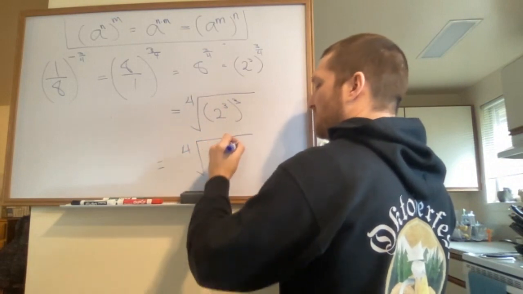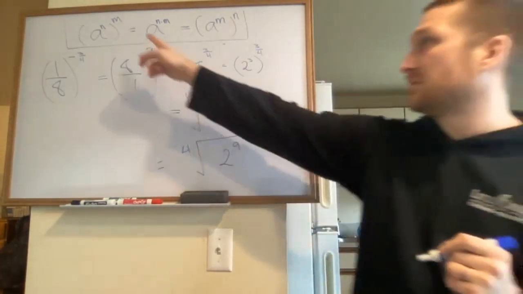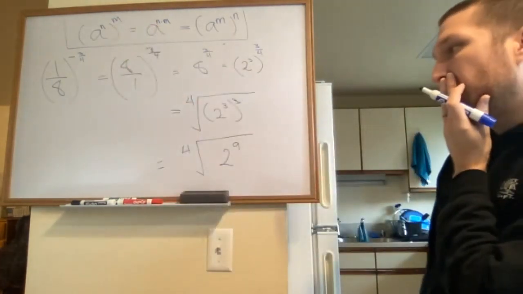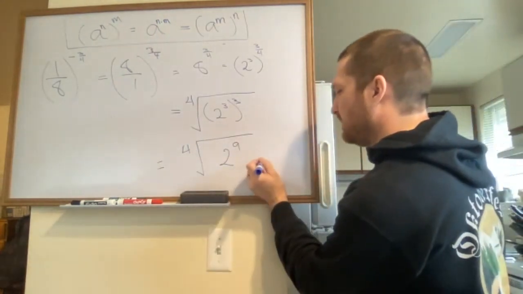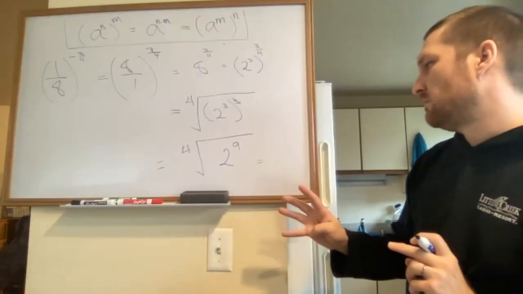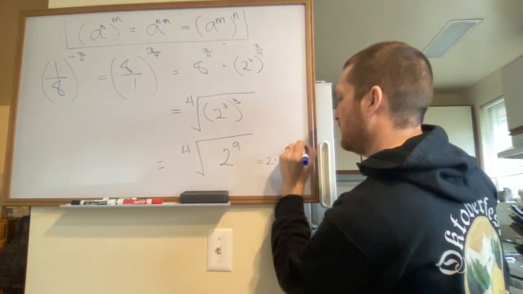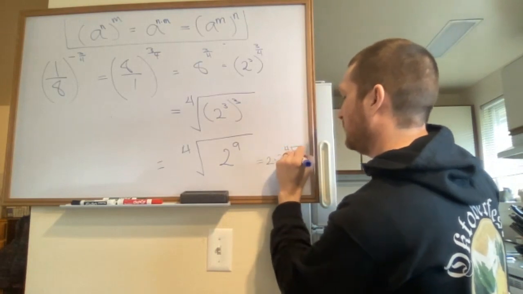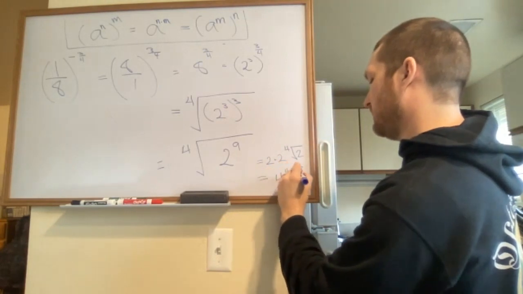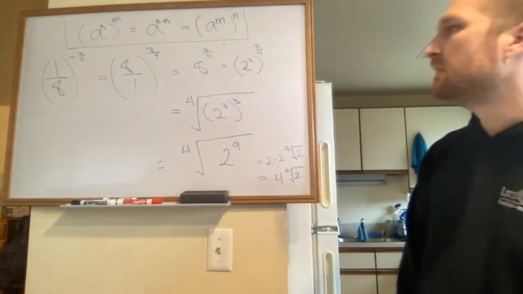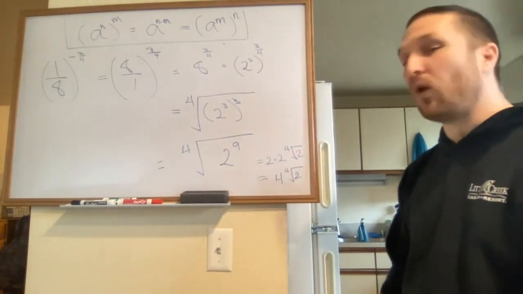So that would be 2 to the 9th right there. How many 2's can we pull out and how many 2's stay in? We can pull 2 2's out and then 1 2 stays in. That's the same thing as 4 times the 4th root of 2. That was actually one of your homework problems. So there you go. You're welcome.